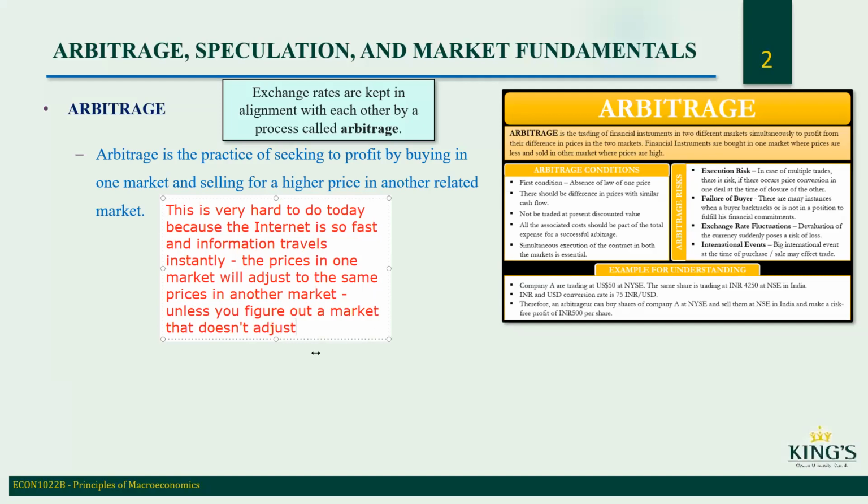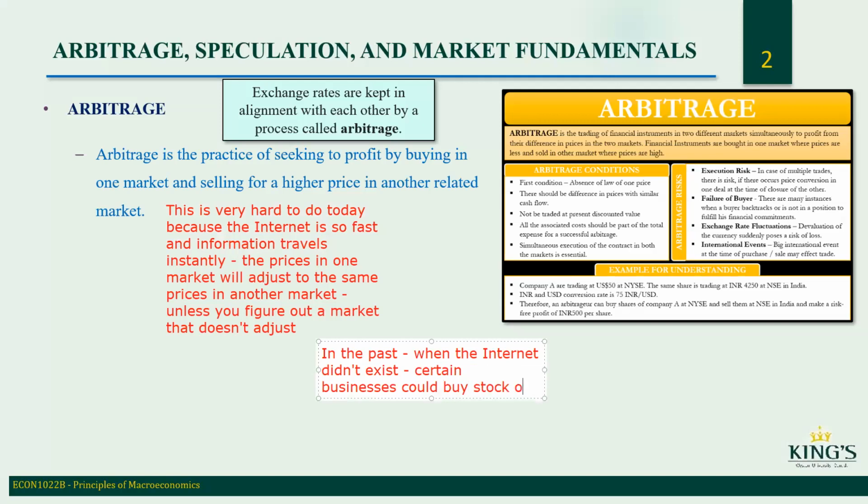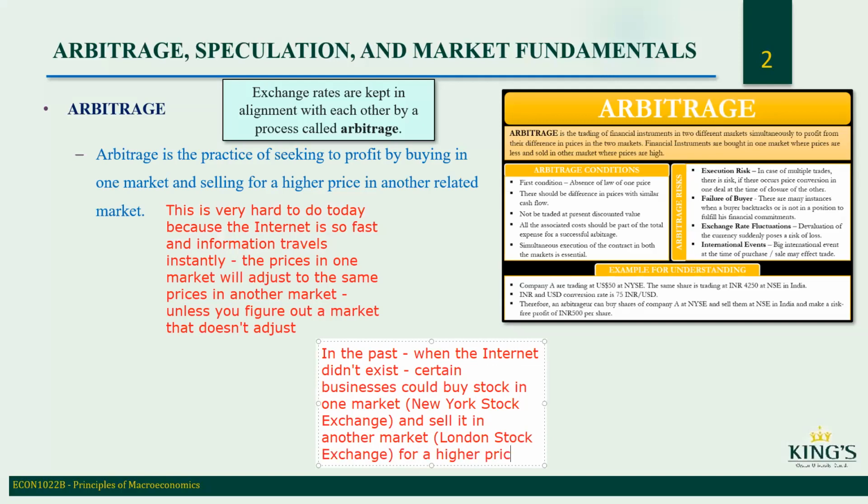So in the past, when the internet didn't exist, certain businesses could buy stock in one market, let's say the New York Stock Exchange, and sell it in another market, let's say the London Stock Exchange, for a higher price in London compared to New York.